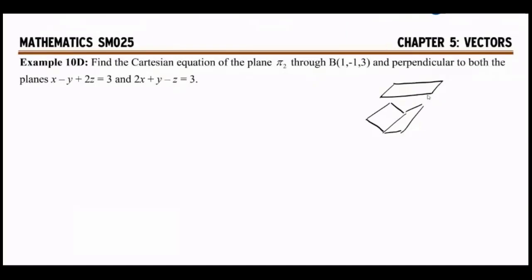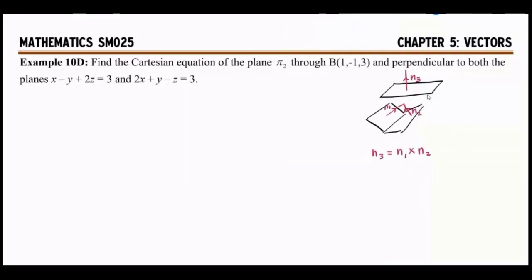So we have normal 1, normal 2. To get the third normal on top, to find N3, we are going to have N1 cross product with N2, because this is N1 and this is N2.